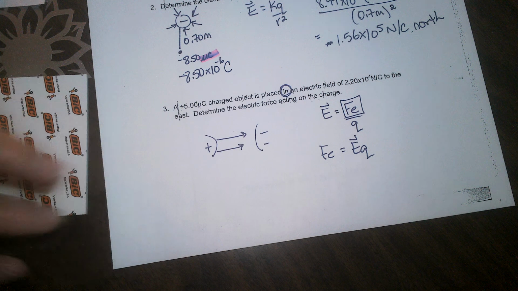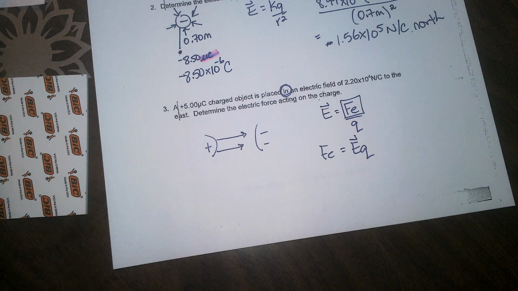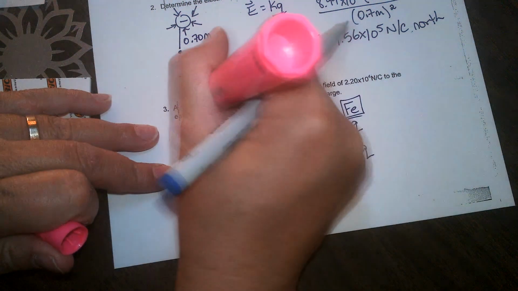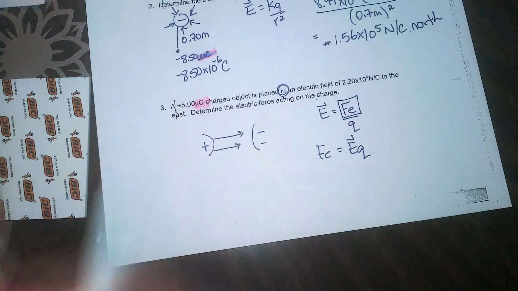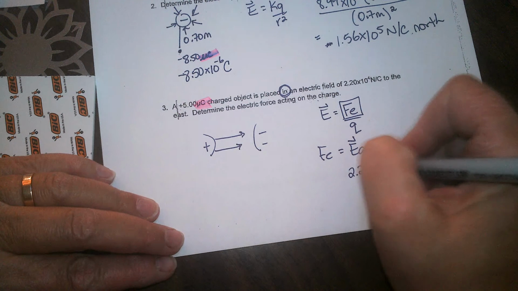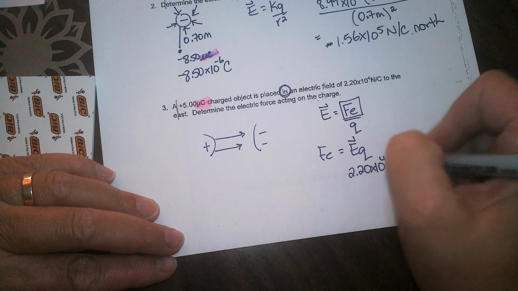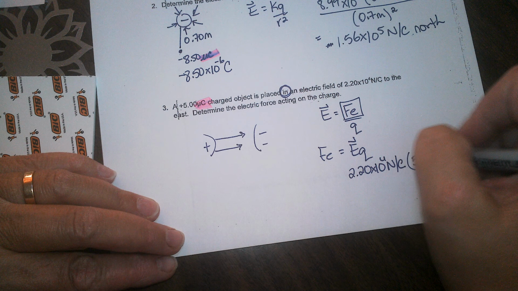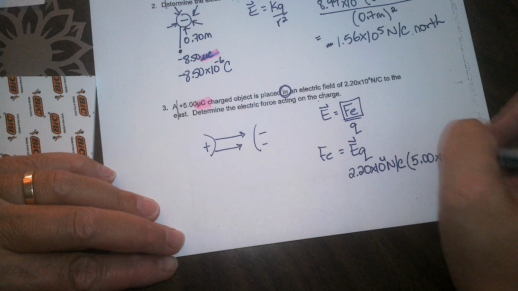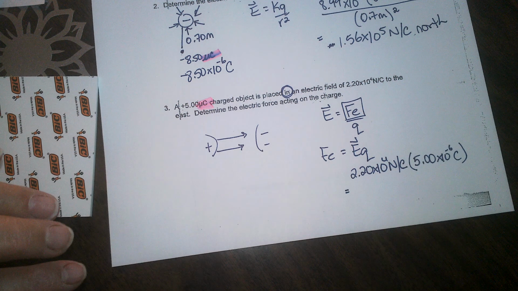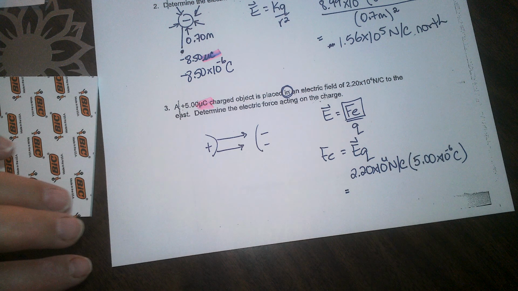What's something that we have to pay attention to? Microcoulombs. Okay? So 2.20 times 10 to the 4 newtons per coulomb multiplied by 5.00 times 10 to the negative 6 coulombs. So force electric gives us what value?